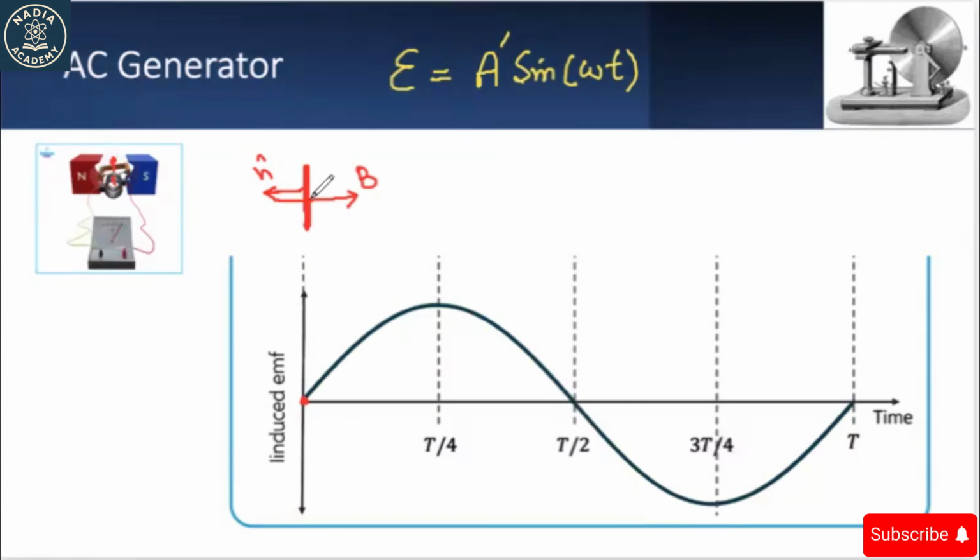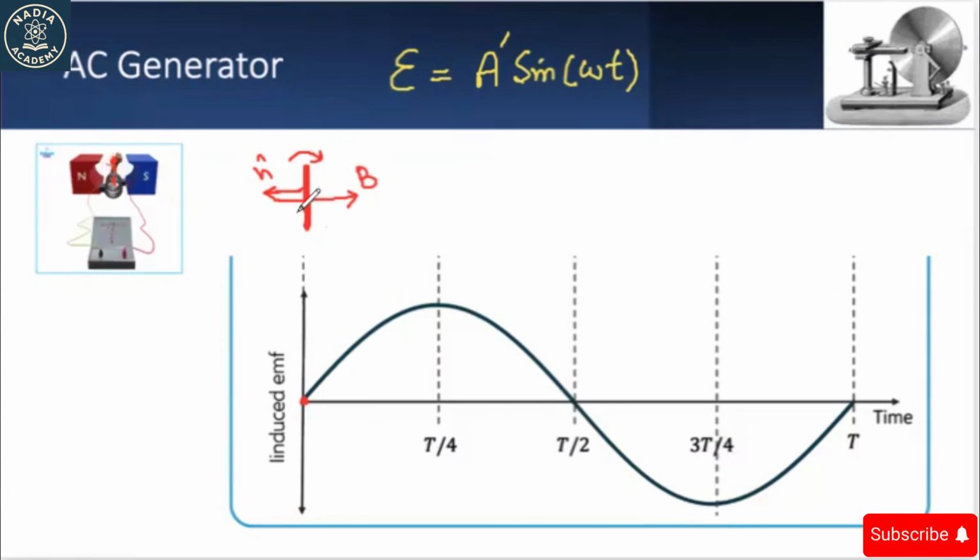So it means that the angle is 180 degrees. Now, if this coil rotates clockwise, the angle goes from 180 degrees towards 0 degrees, so the rotation is in the second and the first quadrant of a trigonometric angle.